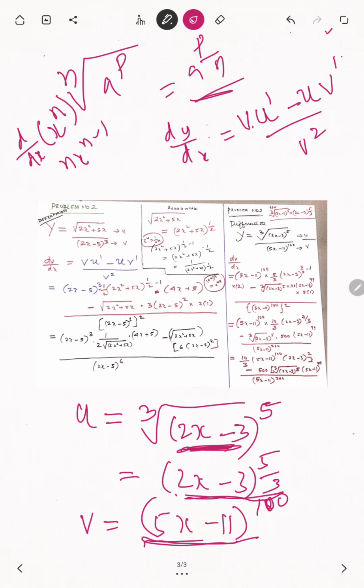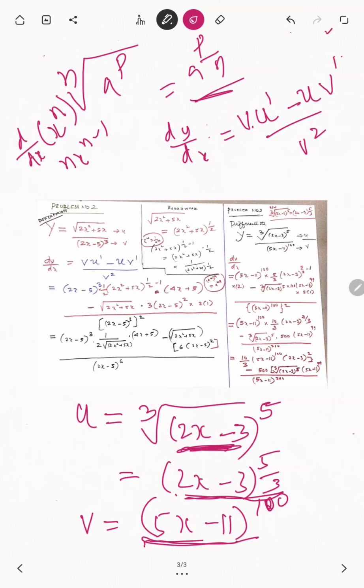What is the differential of 2x minus 3? The differential of 2x is 2, and the differential of minus 3 is 0, constant. So the differentiation of the base is 2 only. That's why I wrote into 2. Because whenever you differentiate u', it is differential of power into differential of base. That's why I wrote into. Sometimes I may write a dot also.